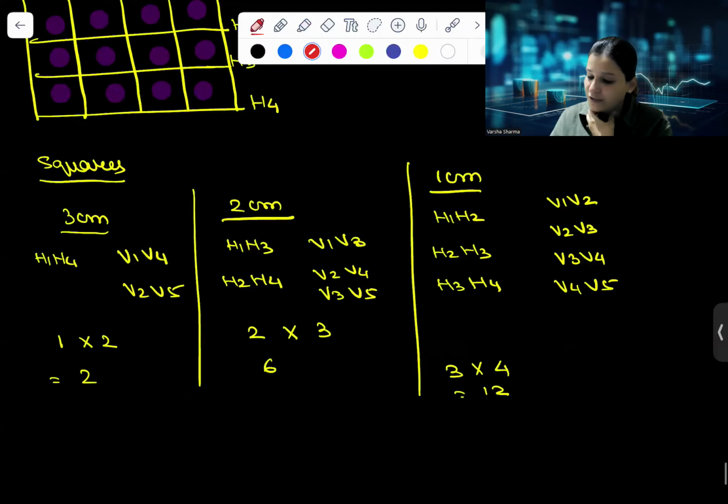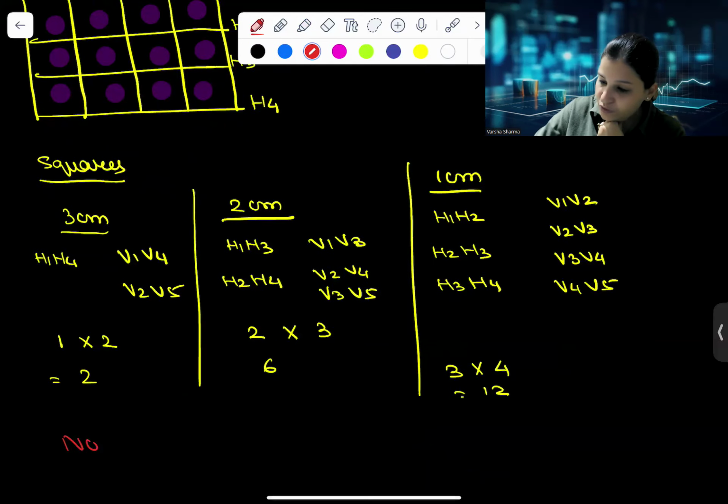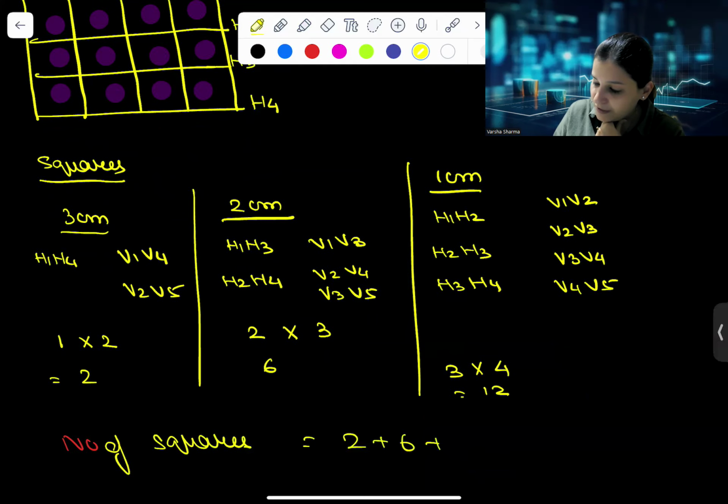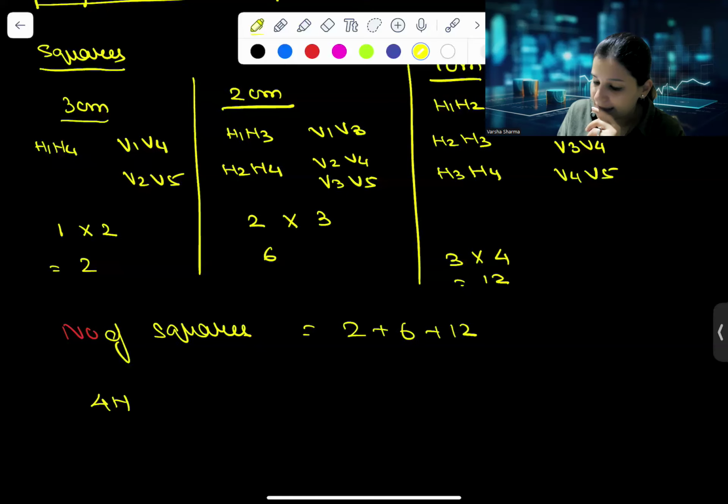So in total, number of squares will be 2 plus 6 plus 12. What we do here is, I had 4 horizontal and 5 vertical. The trick is, subtract 1 from both numbers. 4 minus 1, 3, 5 minus 1, 4, multiply.